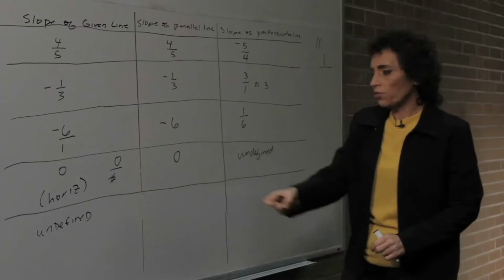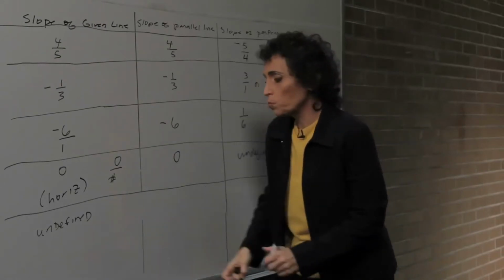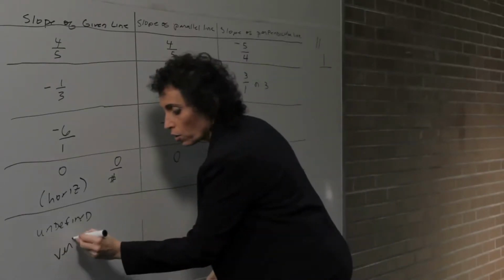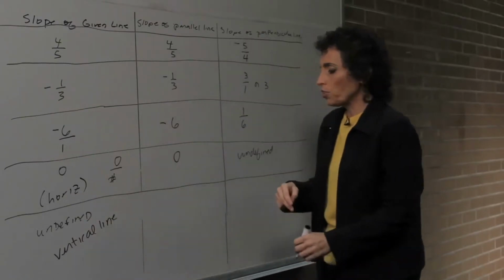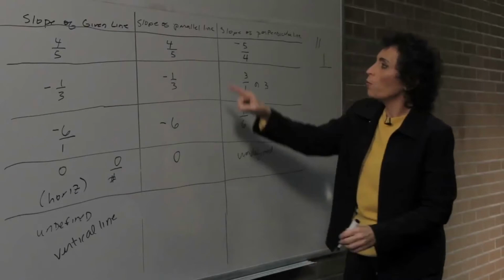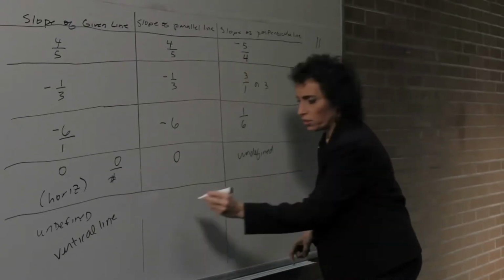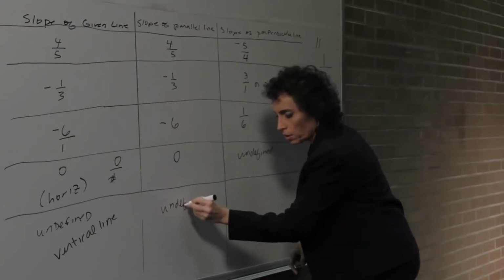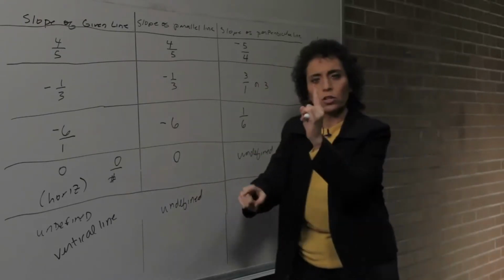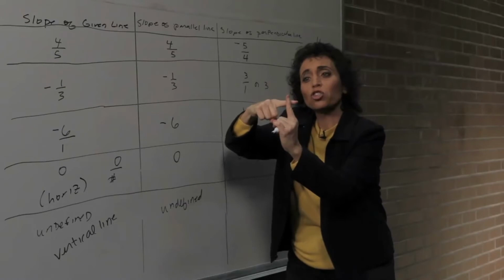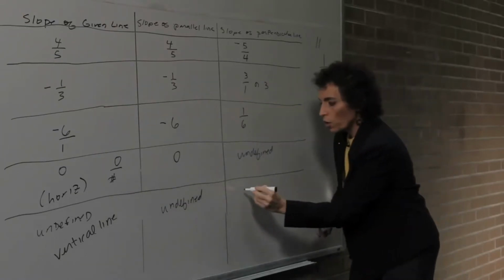This line has an undefined slope, which makes this a vertical line. So since it's a vertical line, we want the slope of a parallel line. That's the same. That's easy. But a perpendicular line to a vertical line is a horizontal line, which has a slope of 0. So this is 0.